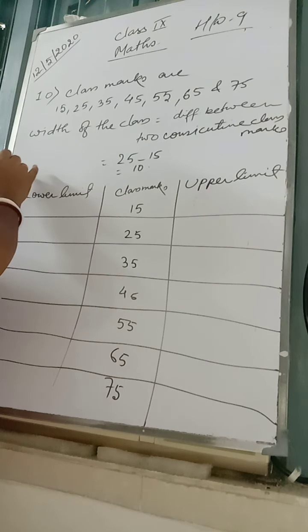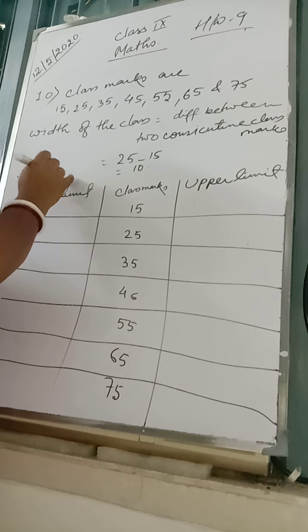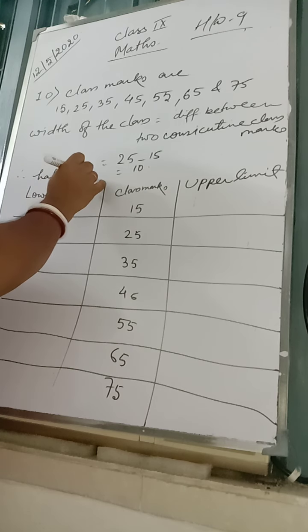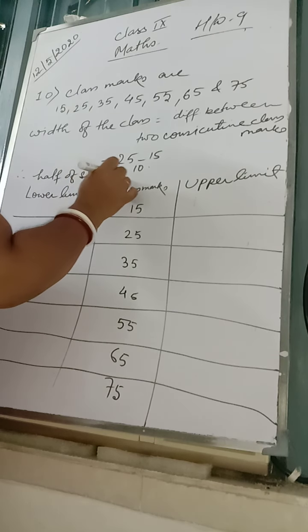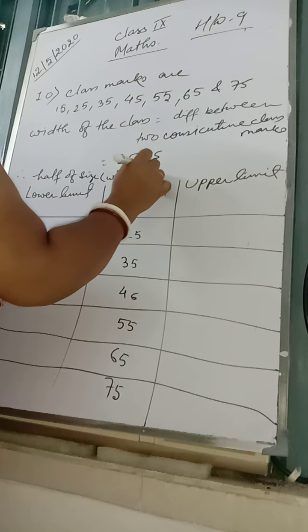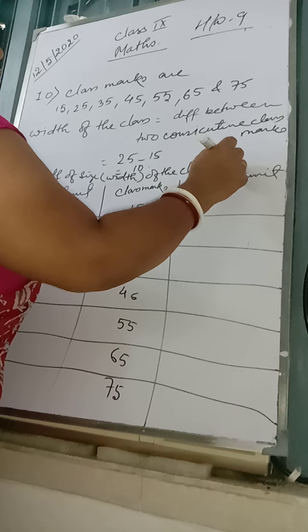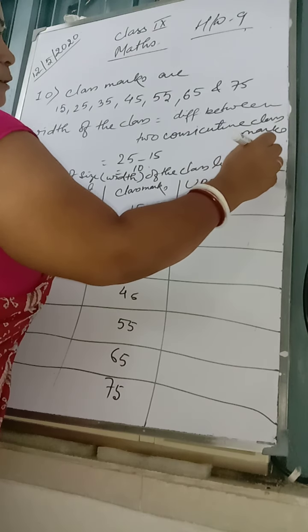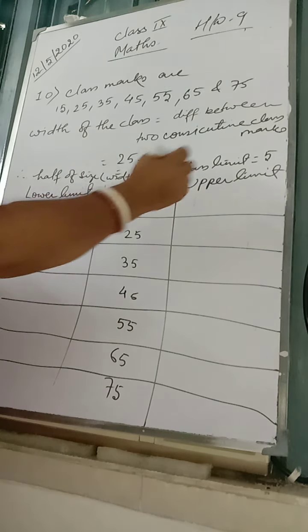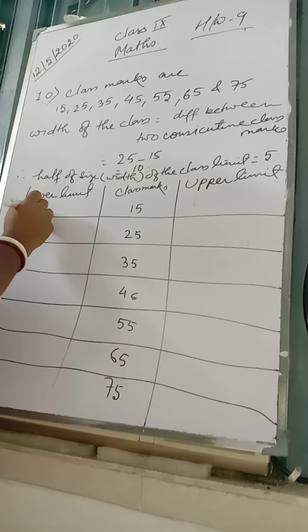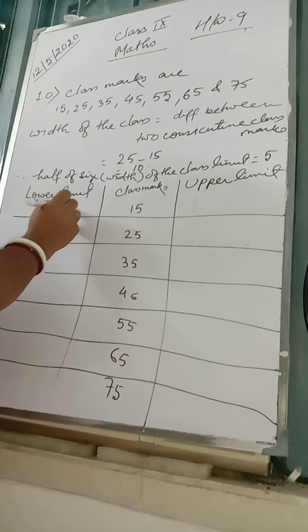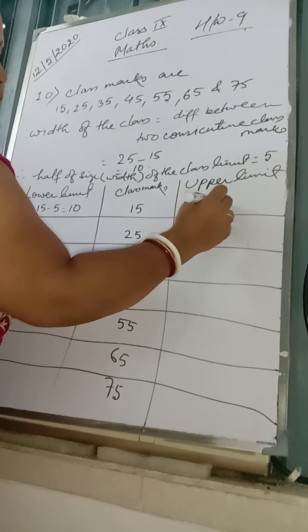Half of the width, half of the class size, is equal to 5, that is 10 by 2.